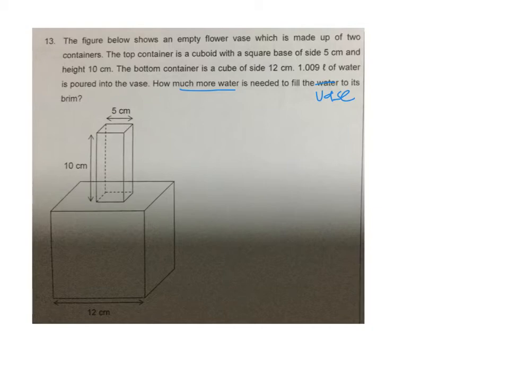Do you see? This is the first container and this is the second container. The top container is a cuboid with a square base. Notice the word square, 5 centimeters and height 10 centimeters.